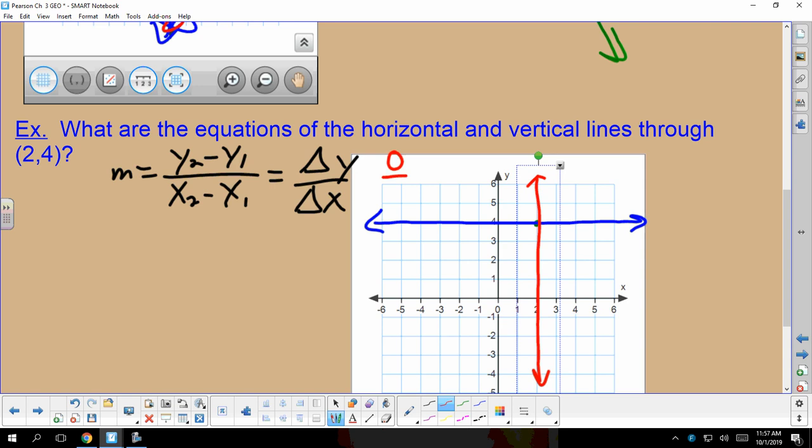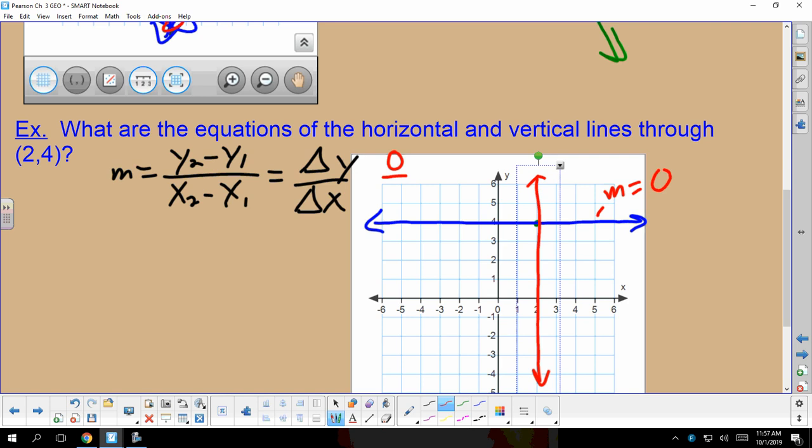So in this case, this blue line, this horizontal line, does y change at all? Does it go up and down at all? No. So horizontal lines always have a slope of 0. And therefore, the equation of the line goes like this.